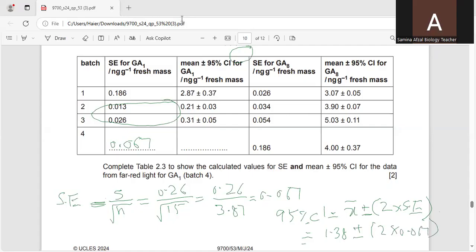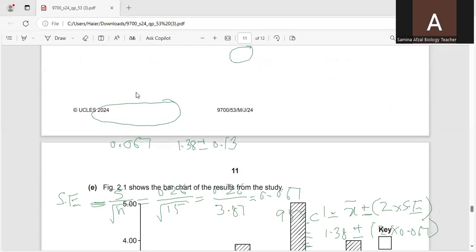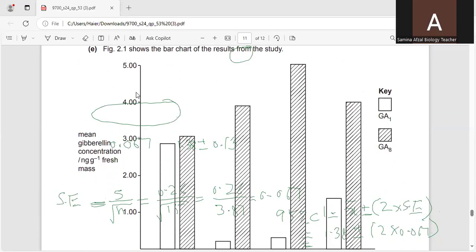So it will be equal to 1.38 plus minus 0.13. You can also calculate in this way. I have calculated in front of you. You can also calculate by yourself. You have to take the values from 2.2 and then calculate.